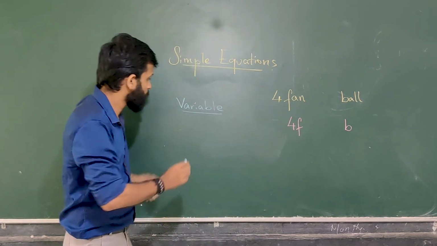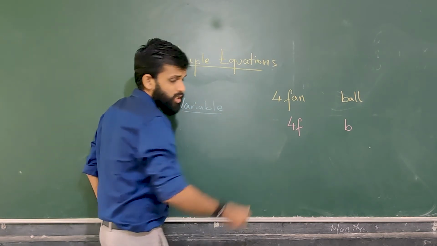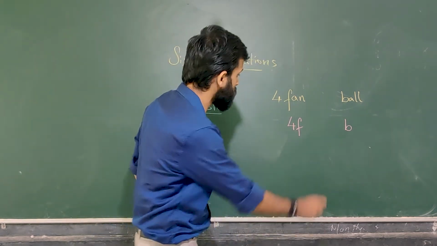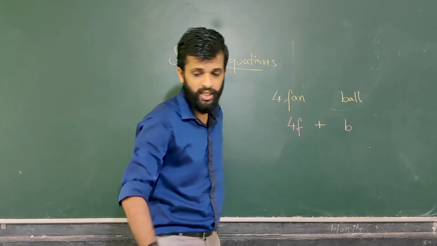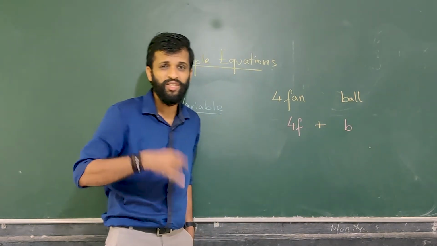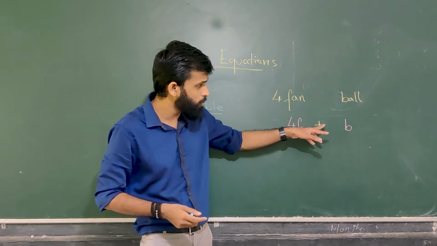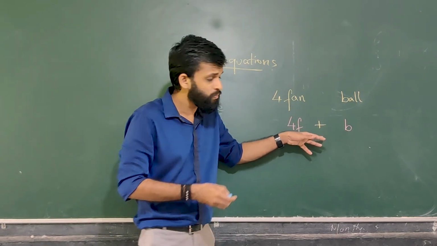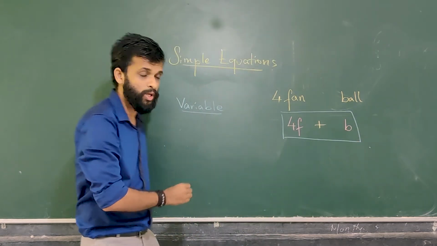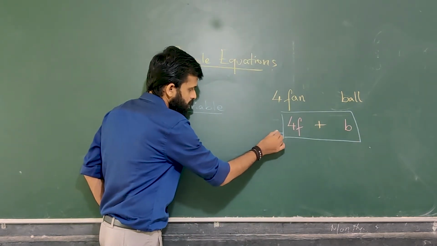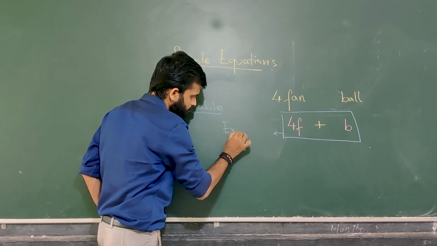Now, the moment I put an arithmetic symbol, whether it is a plus, a minus, multiplication, or division, whatever you want, the moment I put a symbol, this becomes an expression.